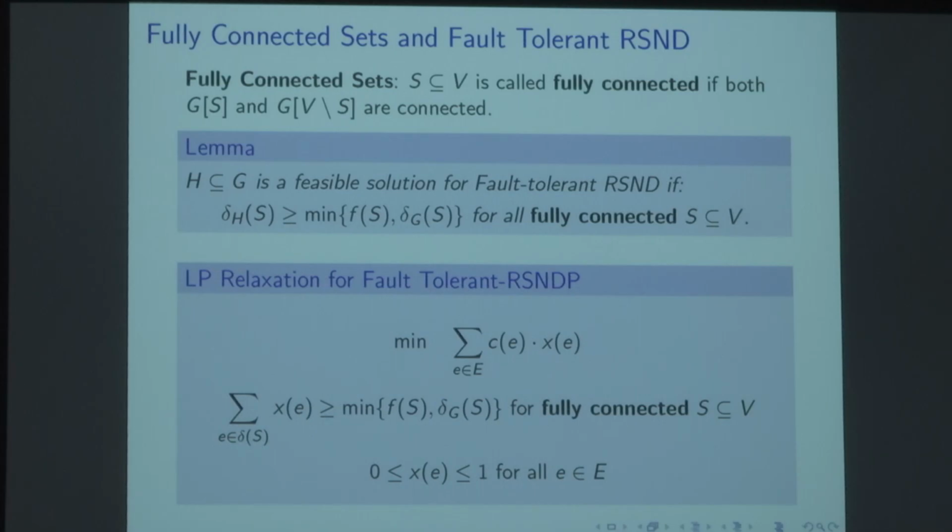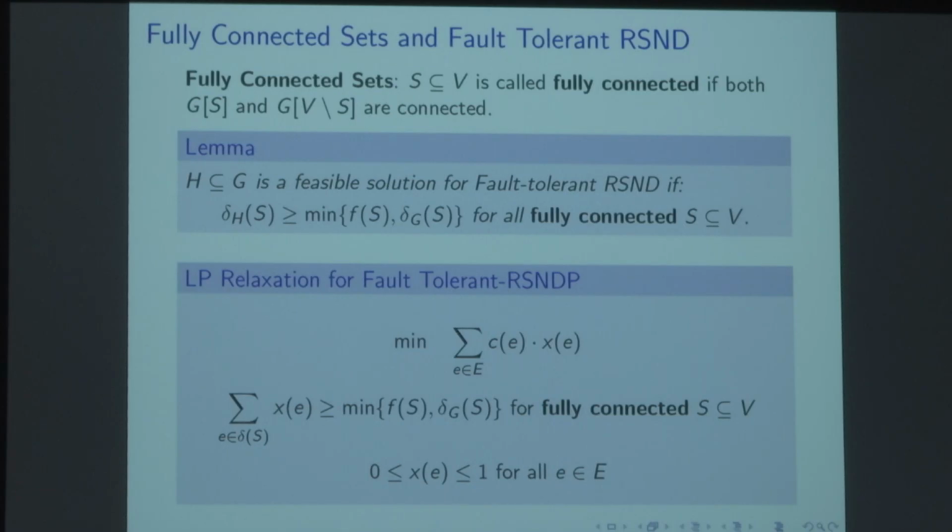So you can write the linear programming relaxation for fault tolerant RSNDP as follows. You only enforce the condition that the sum of the edges going across a cut is at least min of f of s comma delta g of s for fully connected sets. So instead of enforcing this condition for all sets, you only need to enforce it for fully connected sets.